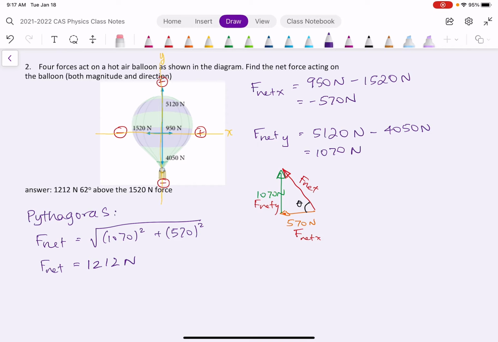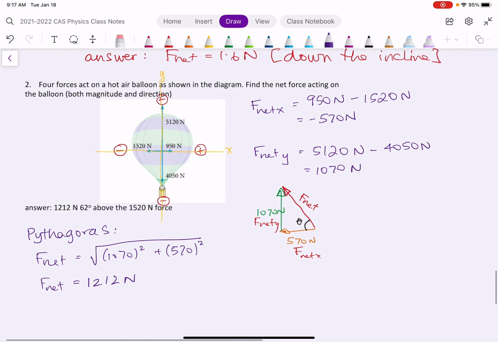So now we need to figure out what direction this thing is going, and it's not north, south, east, west. It's more like up, down, left, right. So it's a little tricky to figure out how to report this, but you have the theta there, and I know the opposite. So if you think about it, this side is the opposite to that black theta, and this is the adjacent.